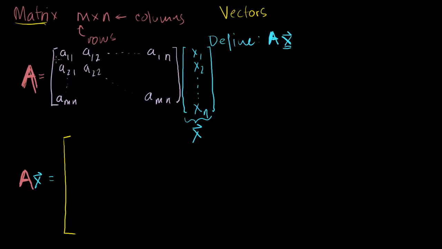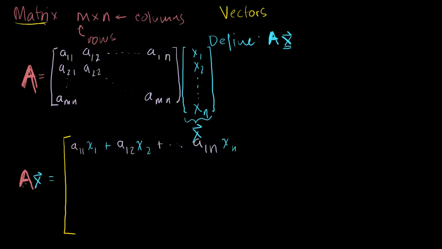We're going to show you that there are multiple ways to visualize this, but it's going to be A11 times x1 plus A12 times x2, all the way to plus A1n times xn. So that's just the first.